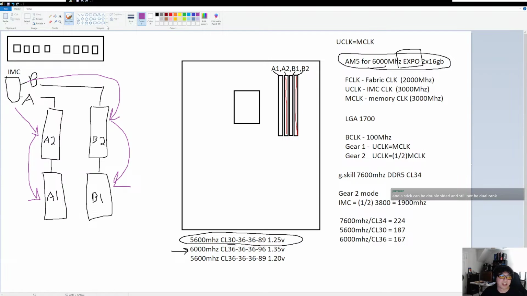Yes, and I talked about that earlier. I did say that you can have a dual-sided DIMM, so RAM on both sides, and it can still be single rank. Because I actually have a set of 64 gigabytes of DDR4 G-Skill RAM, interestingly enough, that is single rank, and it's from Micro Center.